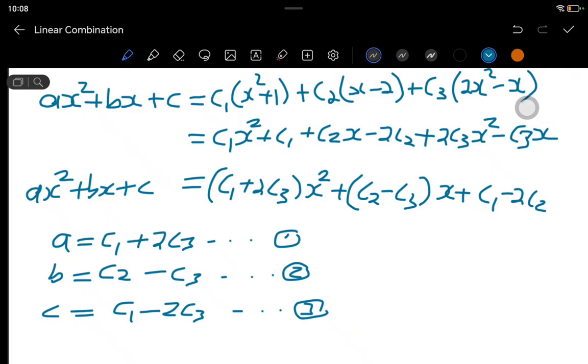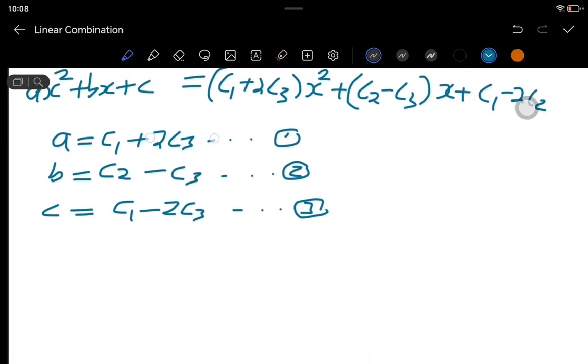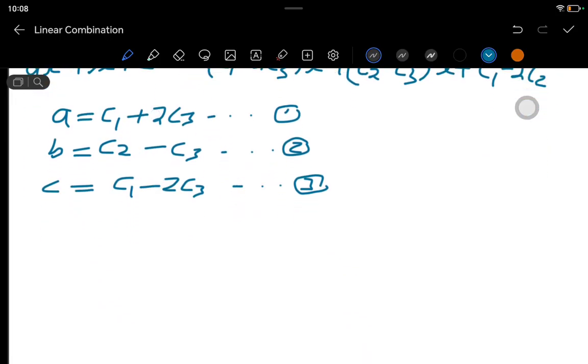So since our a, b, c are unknown, the best method to take here in this case would be for us to write this in a matrix augmented form. You see, right? Which this can be taken to this form. We can say, if we check here, we have c1, which represents 1, but we don't have c2 in the first equation, so that will be 0. c3 has the coefficient 2, we write 2, then you must put it in this form, right?